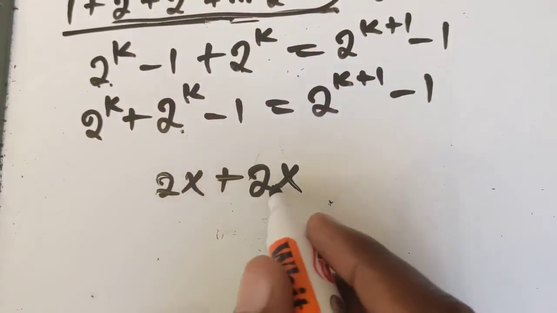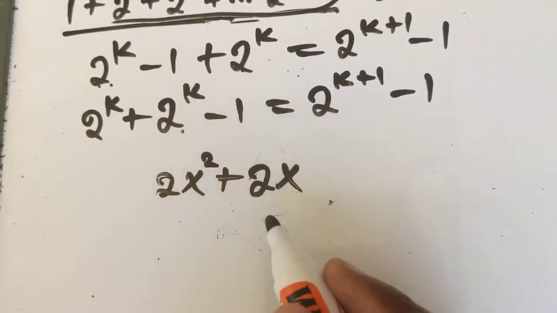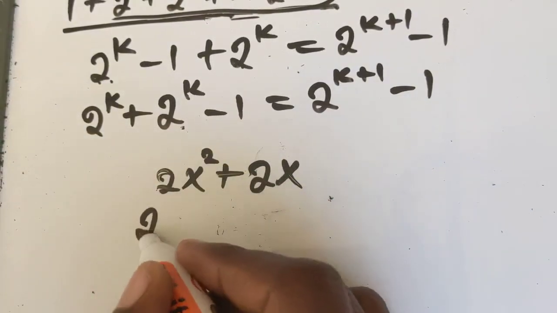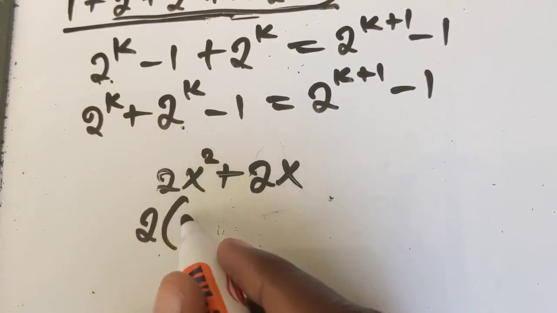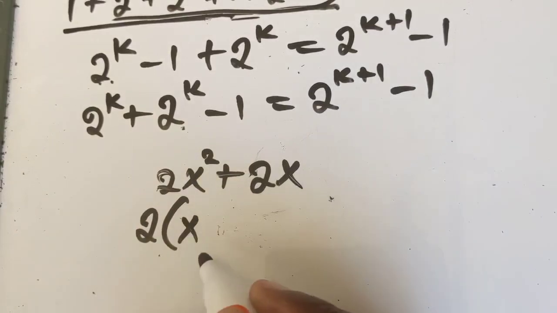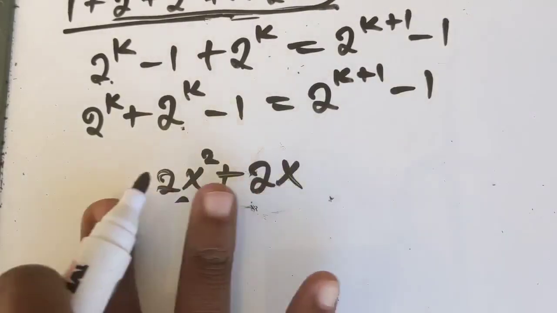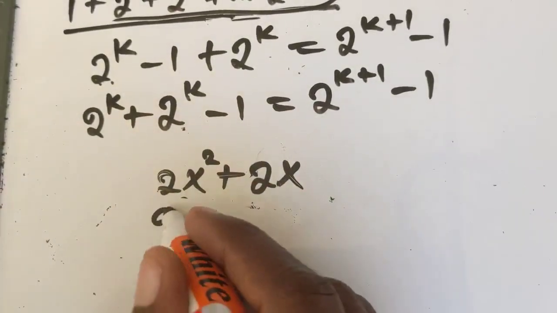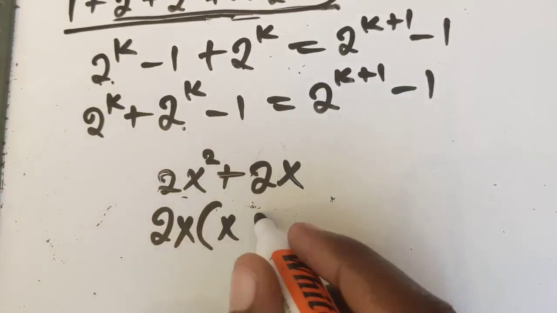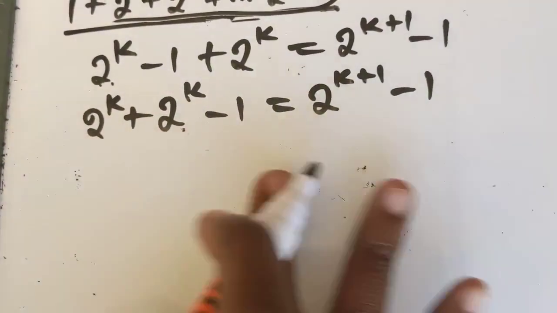So if you want to factorize, let's say there is power 2, you're going to have 2x, you're going to have x plus 1, if you want to factorize. The same way that you are going to do it here.